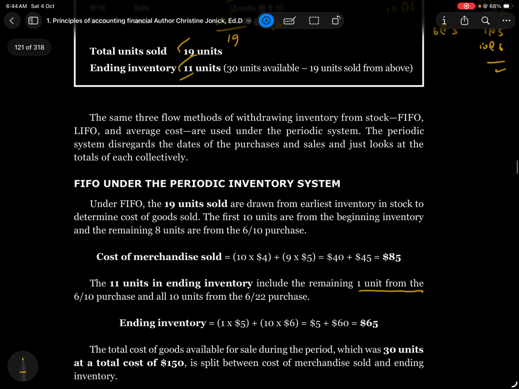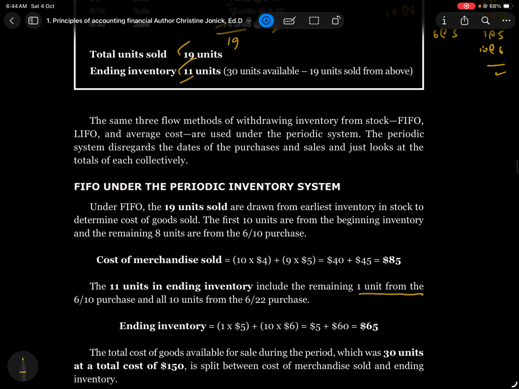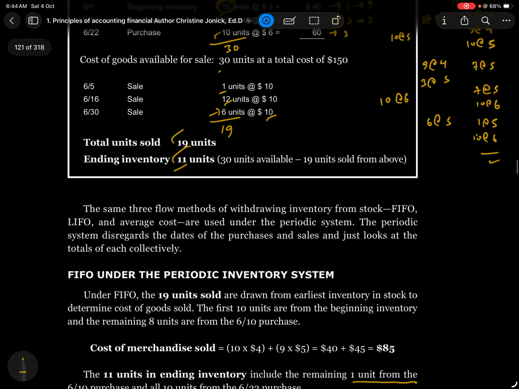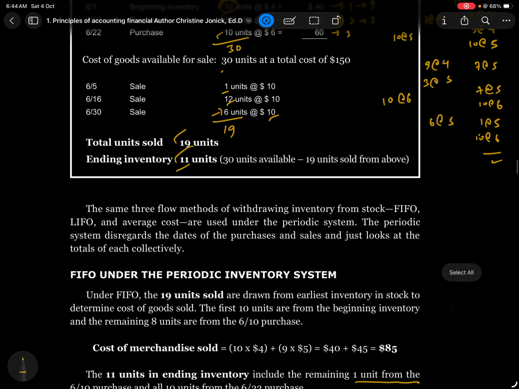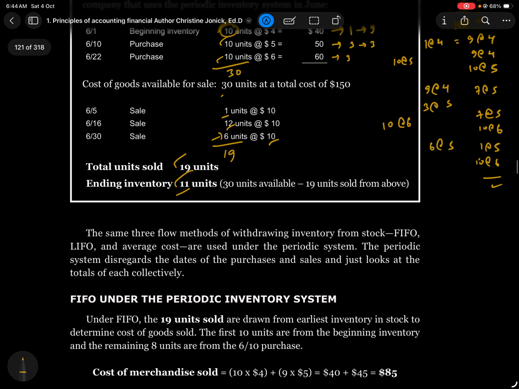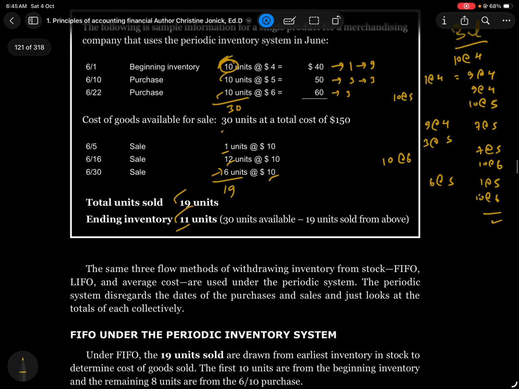And we need to calculate the COGS, right? So what would happen in that scenario is basically we sold all this. So our selling details are over here, right?